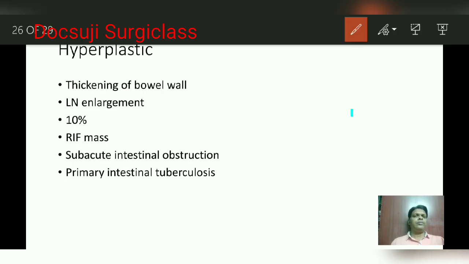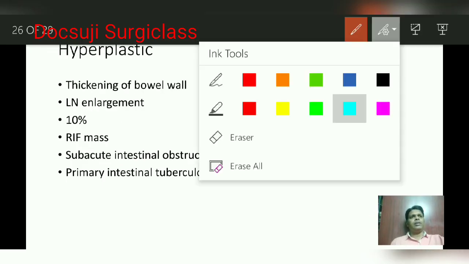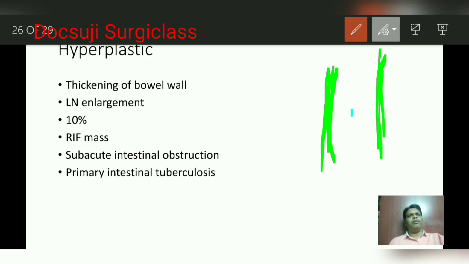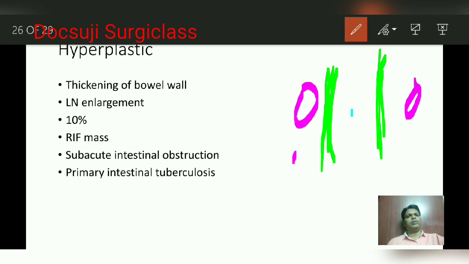Hyperplastic tuberculosis. In this condition you can see bowel wall thickening, that is the initial pathology, and it is associated with enlargement of lymph nodes. But this is one of the least common conditions, seen in only about 10% of cases.